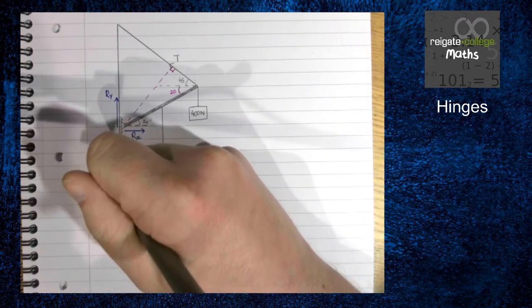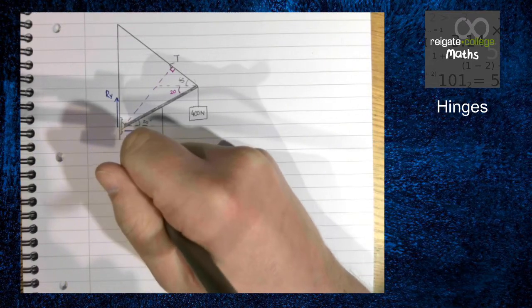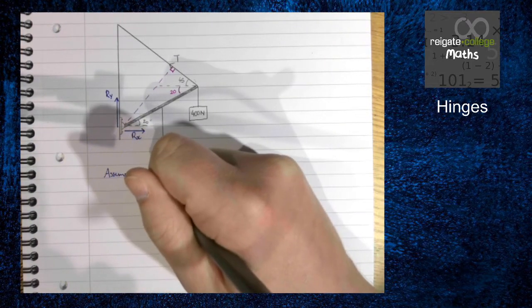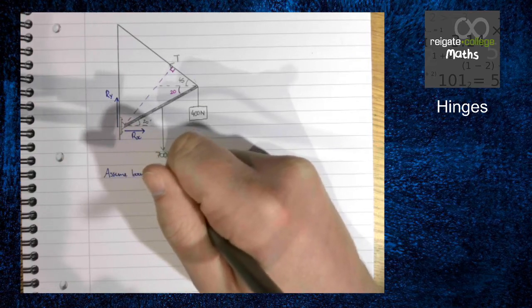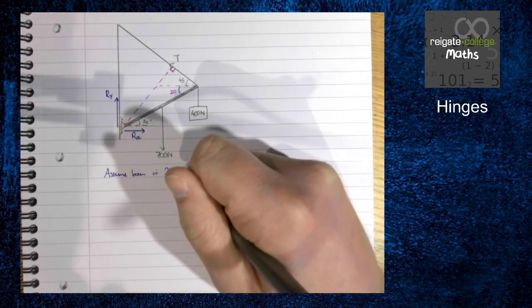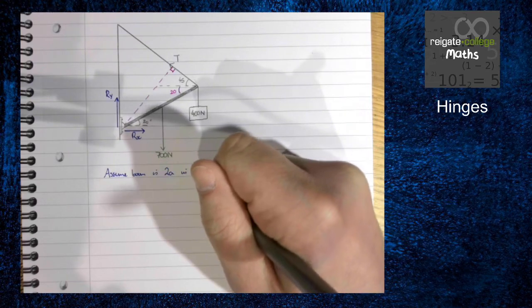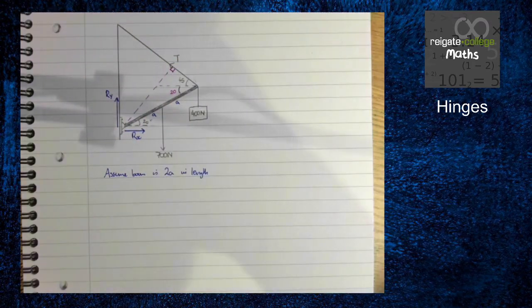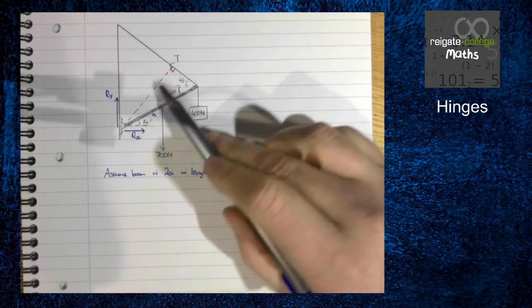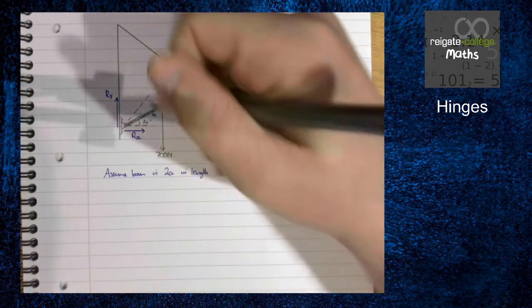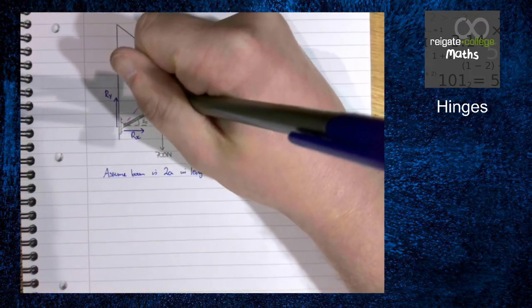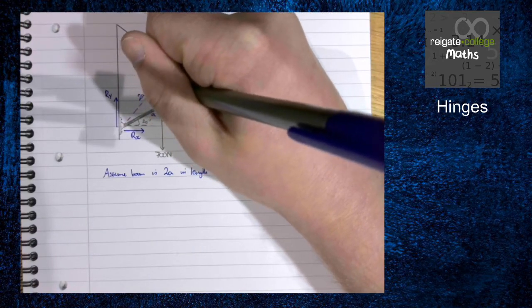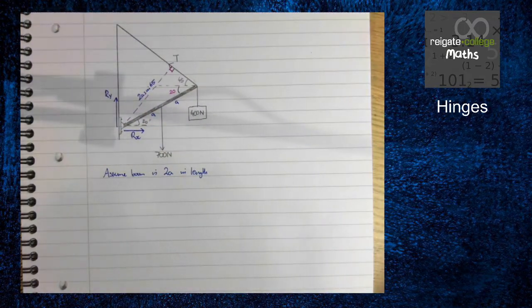So we can assume the boom is 2A meters in length. So that means this is A and that's A. Which here means that this distance is 2A sine 65, which is going to be the important one that we need.